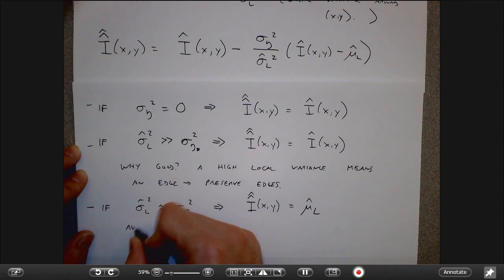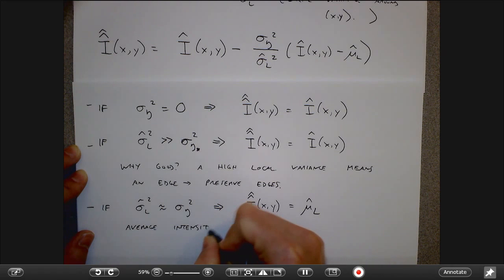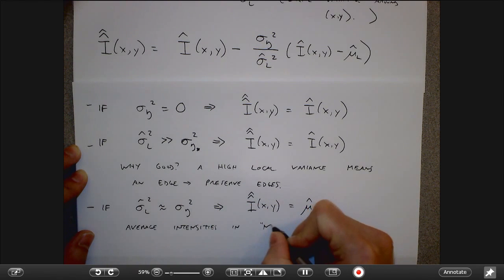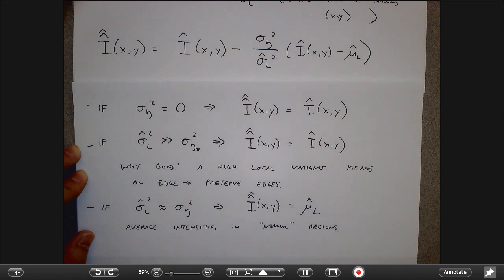This is like saying, average intensities in normal regions. If nothing unusual is happening around this pixel, then just give me the mean around that pixel. But if I've got an edge, keep that edge. So this will, on average, do better than just applying the same averaging filter to the whole image.